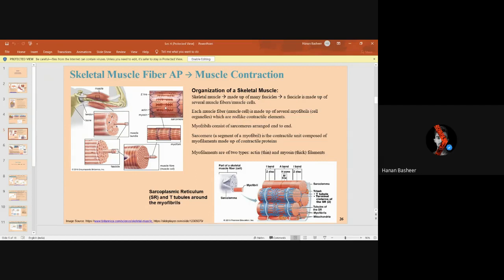They contract easily when they get a particular voltage difference across the membrane. The myofibril consists of sarcomeres arranged end to end. A sarcomere, a segment of myofibril, is a contractile unit composed of myofilaments made up of contractile proteins. And myofilaments are of two types: actin, thin, and myosin, thick.